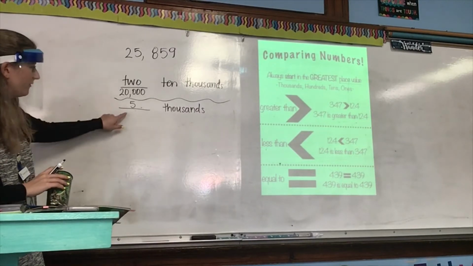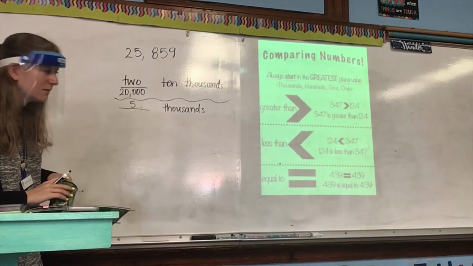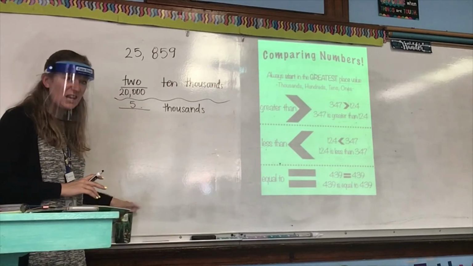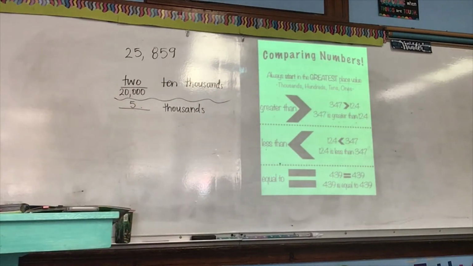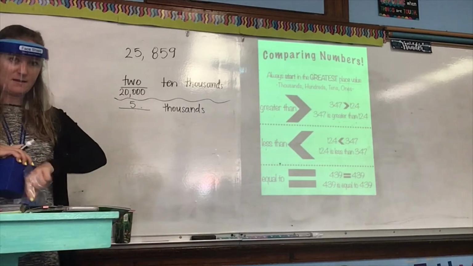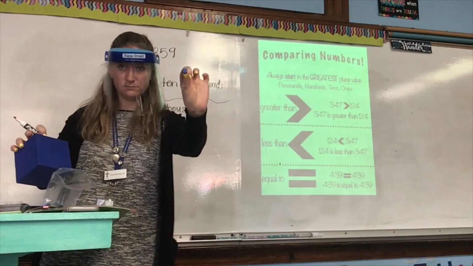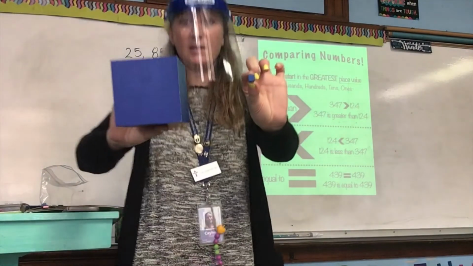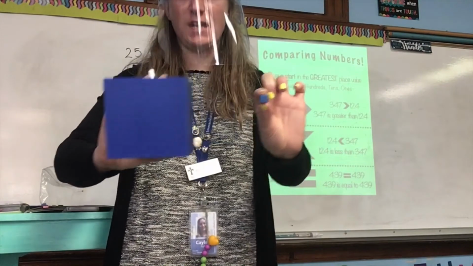How many ones cubes would we have in 5 thousands cubes? Carla, what is it? So there would be 5 ones cubes in 5 thousands? Would 5 of these be the same as 5 of these?